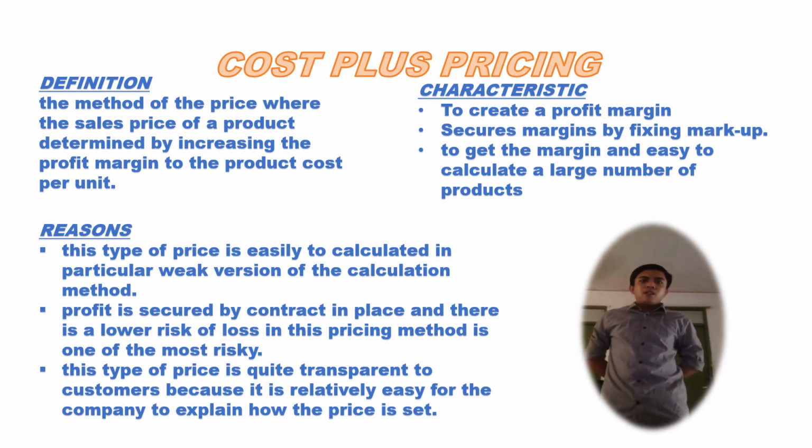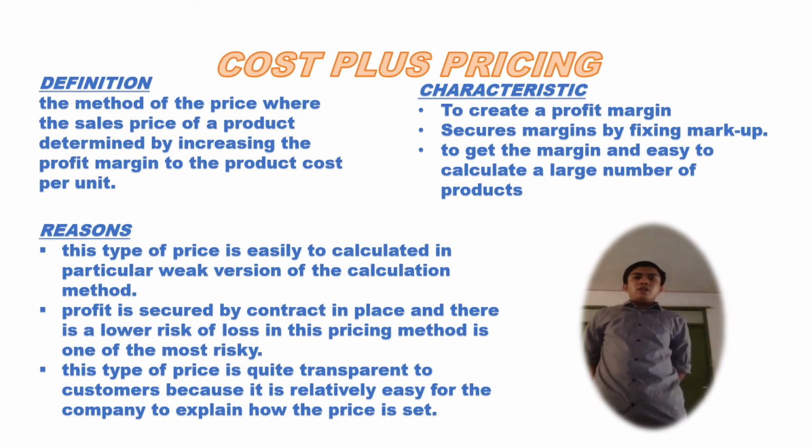Next, the characteristics of cost plus pricing are, first, they create a profit margin, securing the margin by fixing a markup price, and it is easy to calculate for a large number of products. Next, the reason why cost plus pricing is used is that this type of pricing is easy to calculate in a particular version of the calculation method.